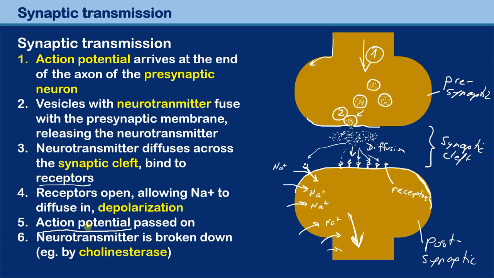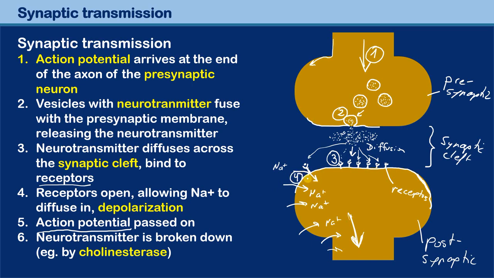And I just realized that I totally forgot about adding these numbers, so let's do this first. Number 3, the neurotransmitter diffuses across the synaptic cleft and binds to the receptors. That's number 3 happening over here. Then the receptors open, allowing sodium to diffuse in. It's depolarization, so that's number 4.